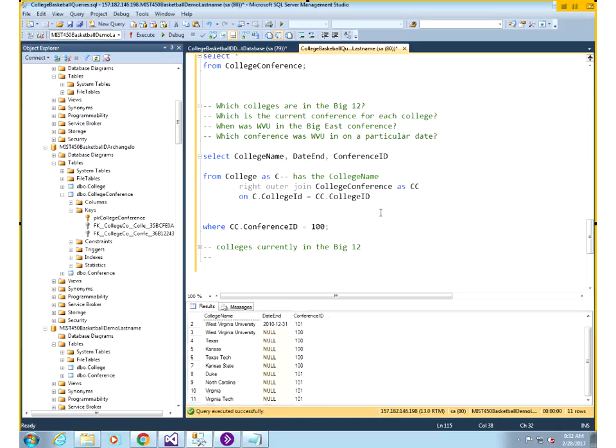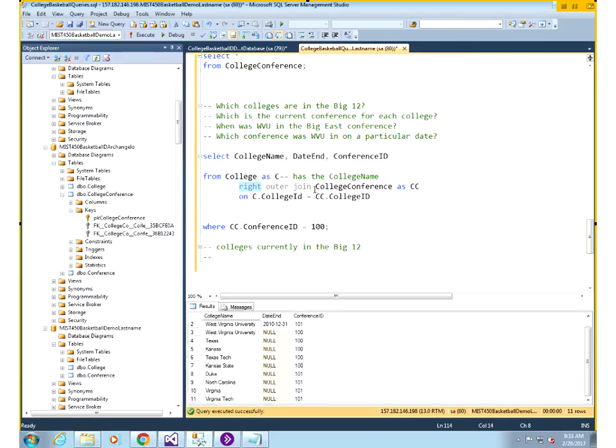Isn't it going from the conference college ID to college ID? It's going from the college conference table to the college table. So when we say right, what is it saying?